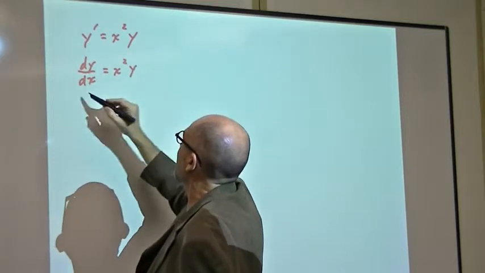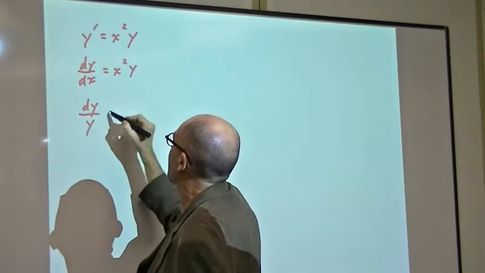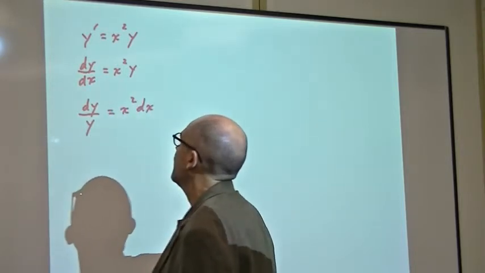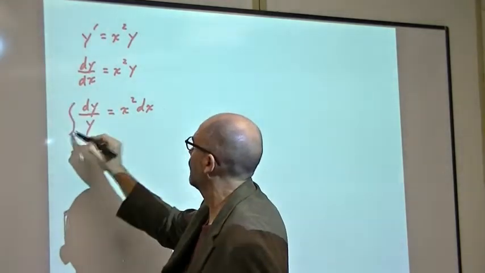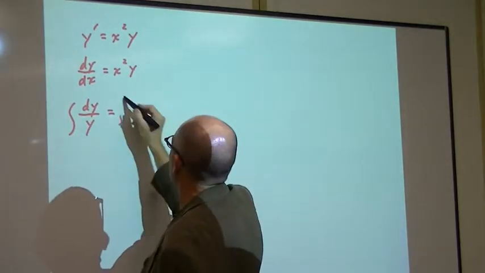So we're going to get the x's on one side, the y's on the other. So dy over y equals x squared dx. Now we need to take the, oops, forgot the integral. Never forget the integral.